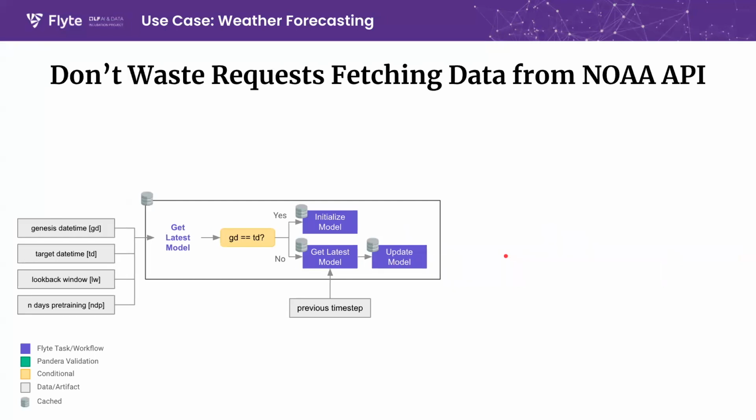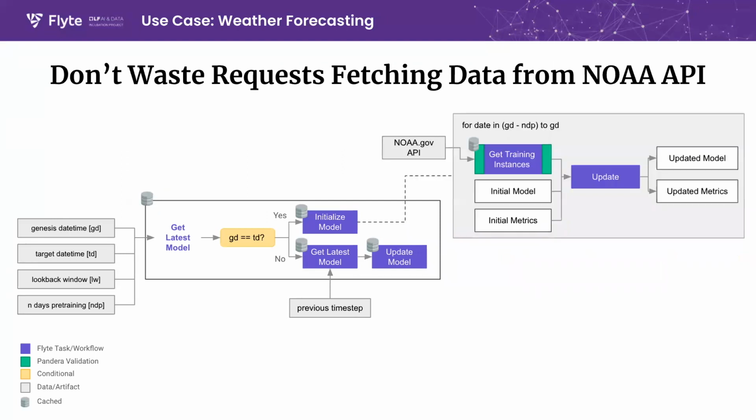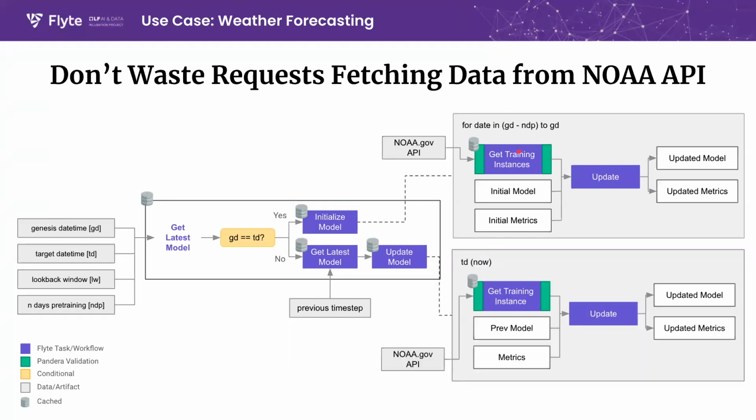But where's the data coming from? This doesn't mention anything about the data. Well, we need to zoom in to initialize model and update model. Within this workflow, we're initializing the model and metrics, but we're also getting the training instances and caching that within this workflow. And same goes for update model.